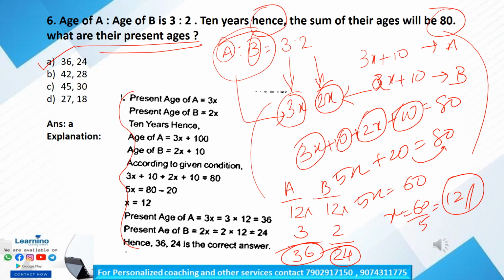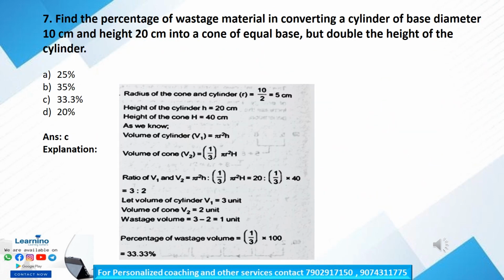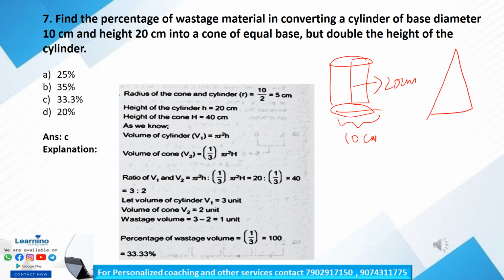Question number 7. Find the percentage of wastage material in converting a cylinder of base diameter 10 centimeter and height 20 centimeter into a cone of equal base 10 centimeter but double the height of the cylinder, that is 40 centimeter.